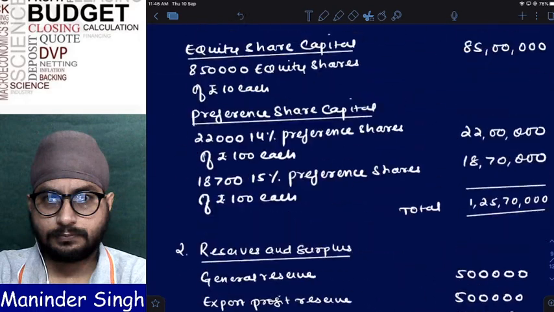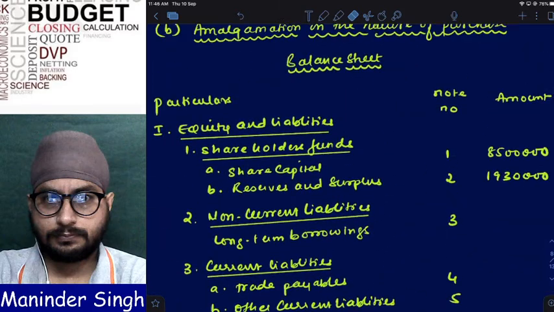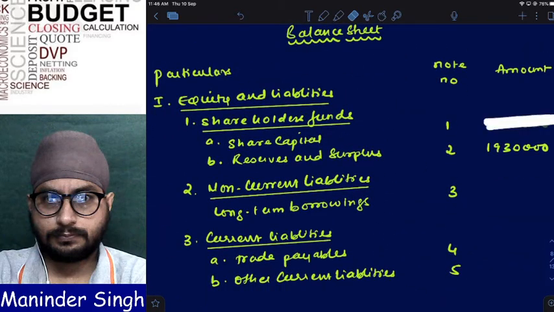Okay. So how much was that share capital? 1 crore. How much is it? 1 crore 25 lakh 70,000, right? 1 crore 25 lakh 70,000.